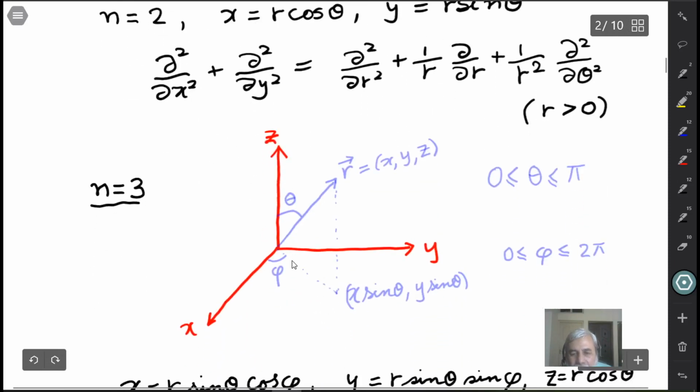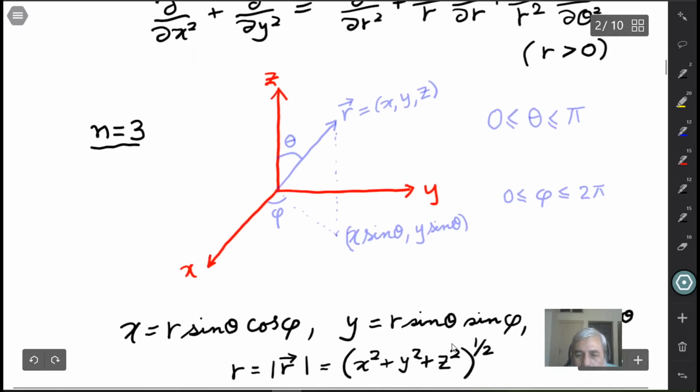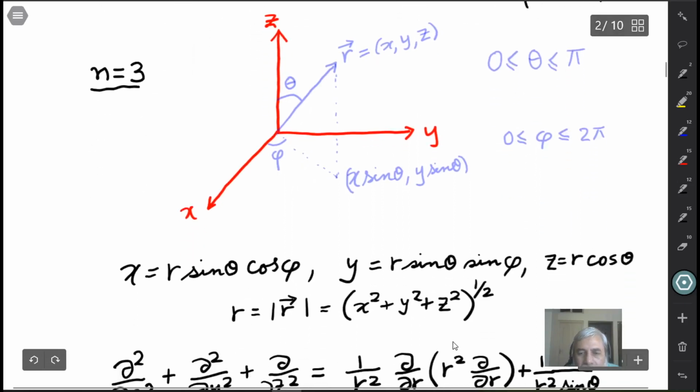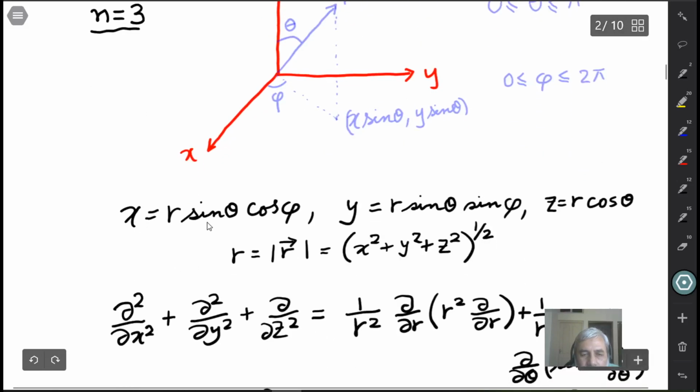Okay, so that this vector makes angle phi with the x-axis, and then obviously with the y-axis it makes a related angle. Okay, so the transformation in n equal to 3 is given by x equal to r sin theta cos phi, y equal to r sin theta sin phi, and z equal to r cos theta.